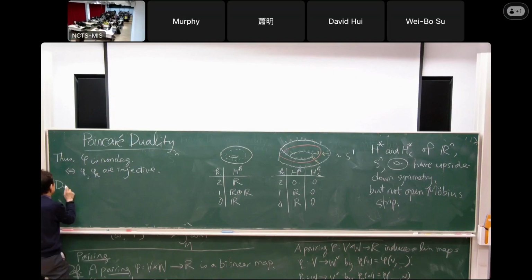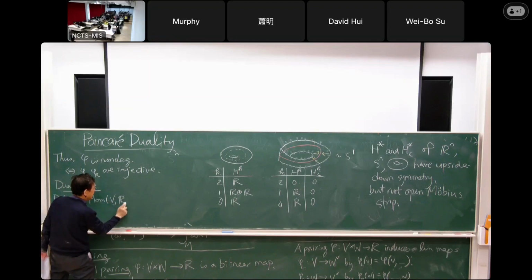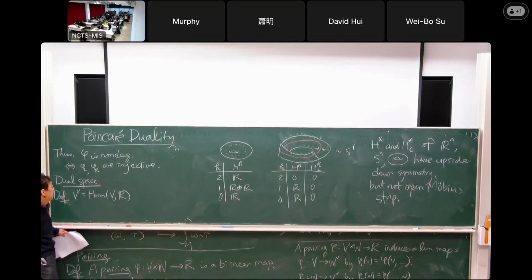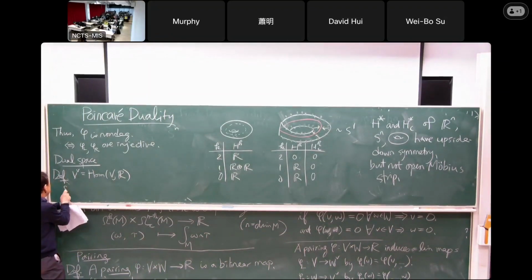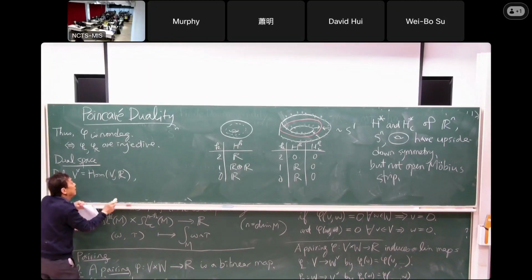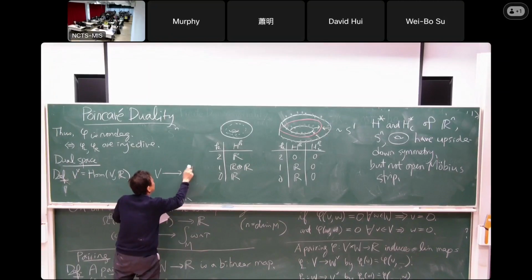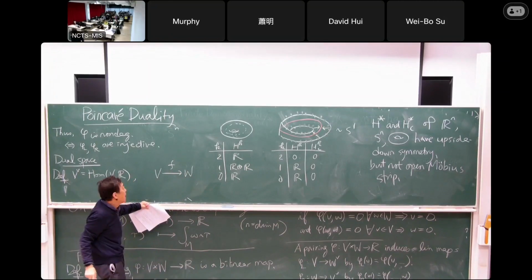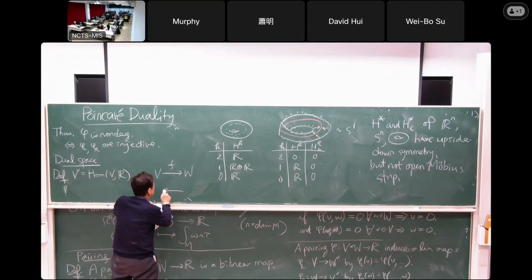By the way, in case you're not familiar with the notation, V with a little check mark is the dual of V. The definition of that is that it's all linear maps from V to R. And if you have a map F from V to W, then there's an induced map, F check or F dual, from W dual to V dual.